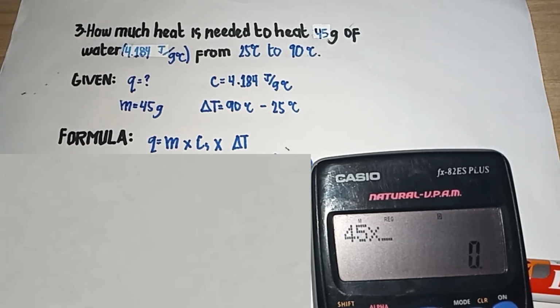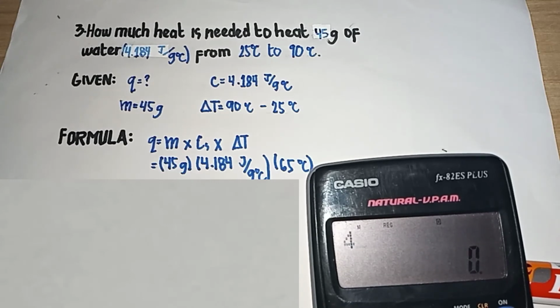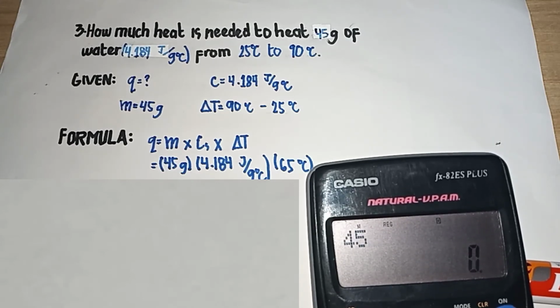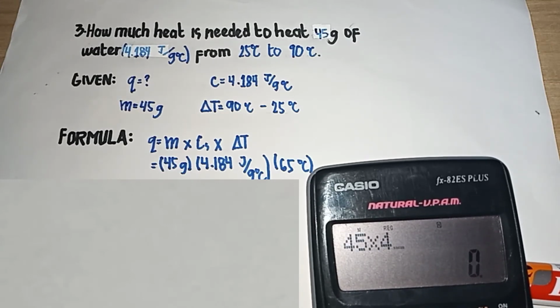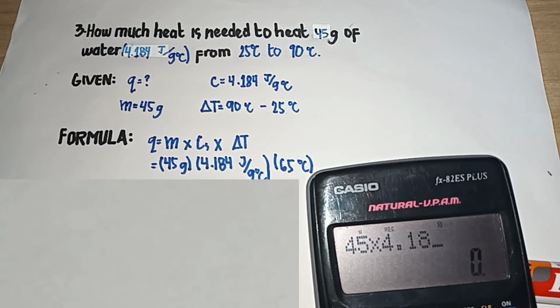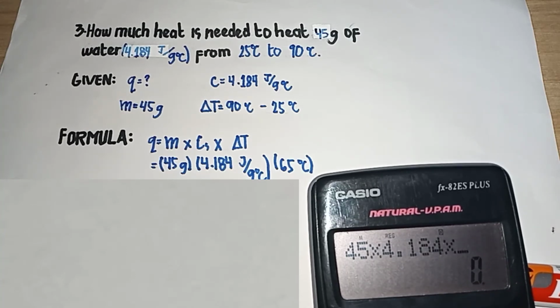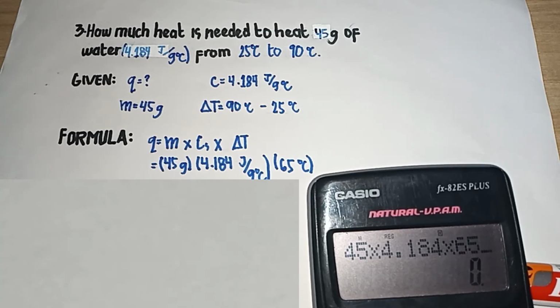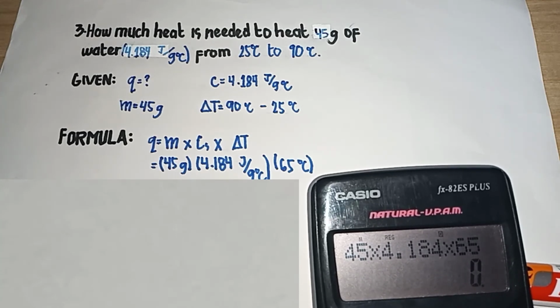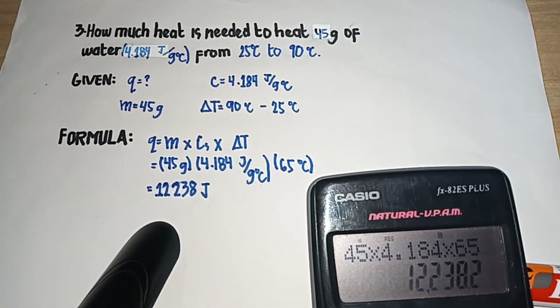So we will do substitution. So mass is 45 grams times the specific heat, which is 4.184, times the temperature, which is 65 degrees Celsius. That would be 12,238 joules. So that is the measure of the heat transferred.